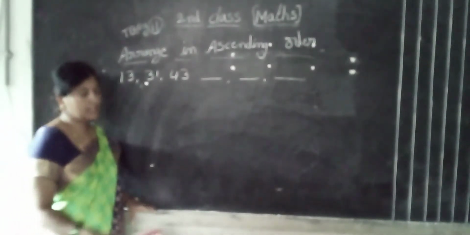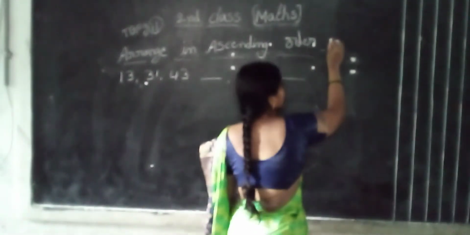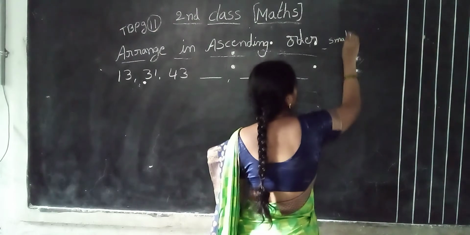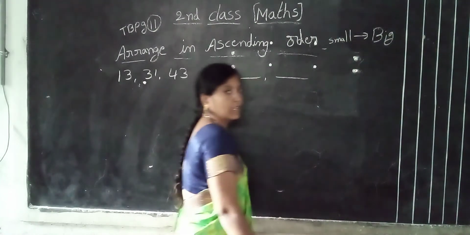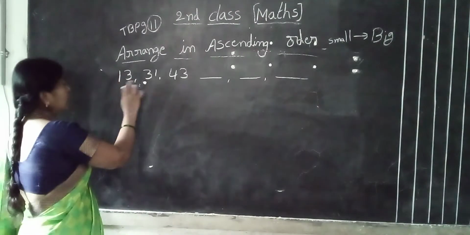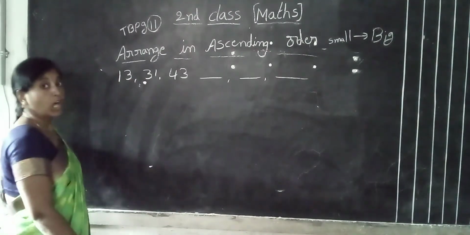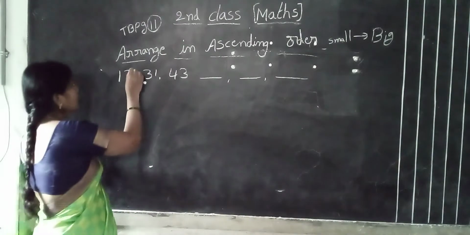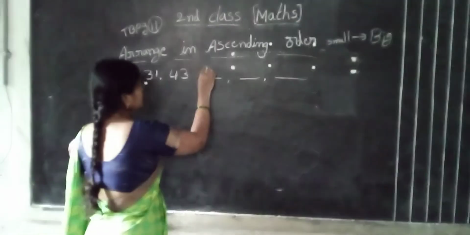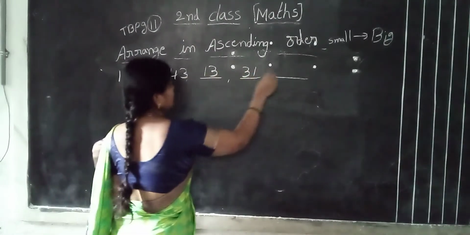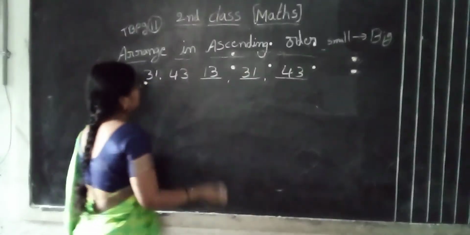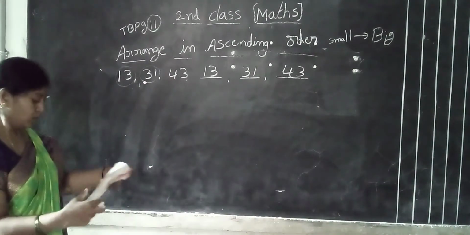Ascending order is small to big. Clear? So in this, which one is the smallest number? 13 is the smallest number. Next smallest number is 31. Next 43. Same. Here, given the answer, we will write like that.